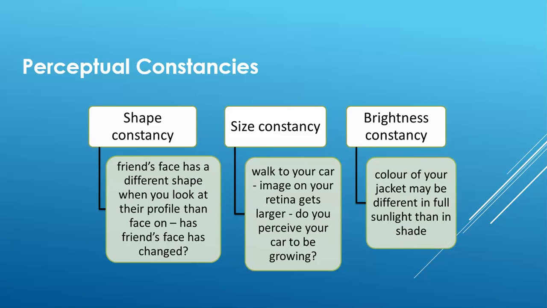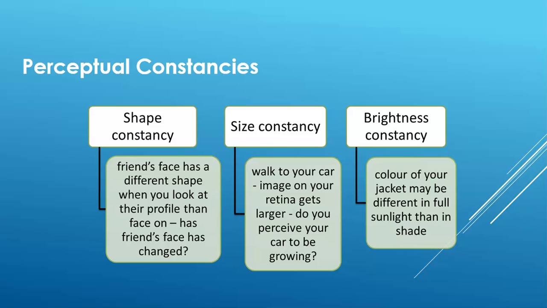Now, when talking about perceptual consistencies, we can split it into 3 things. We have shape consistency, size consistency, and brightness consistency. For example, for shape consistency, a friend's face has a different shape when you look at their profile than looking at them straight on. Has your friend's face changed? No. So that's shape consistency.